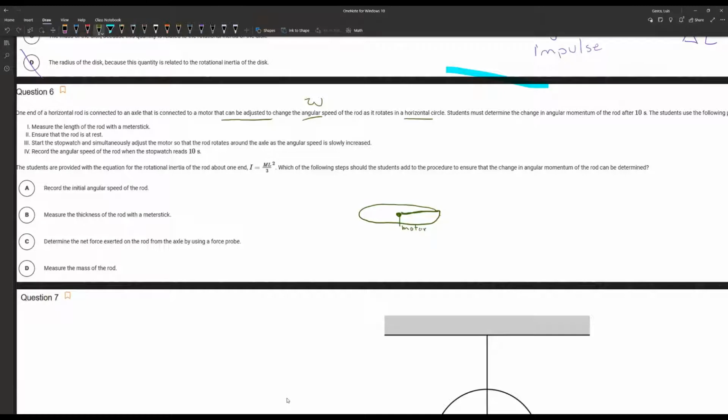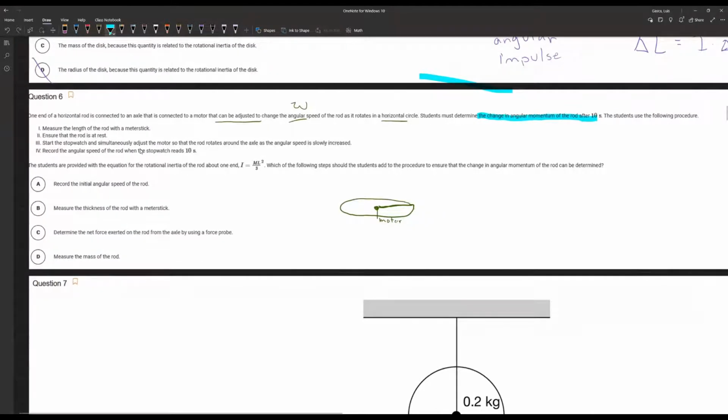The students must determine the change in angular momentum of the rod after 10 seconds. And the students use the following procedure. 1, measure the length of the rod with a meter stick. 2, ensure that the rod is at rest. 3, start the stopwatch and simultaneously adjust the motor so that the rod rotates around the axle as the angular speed is slowly increased.